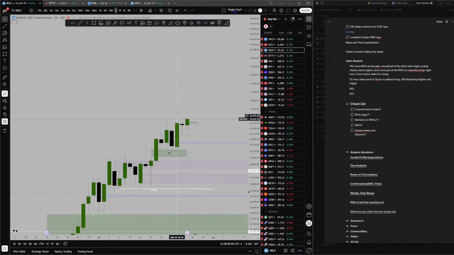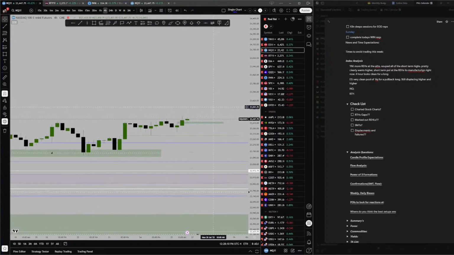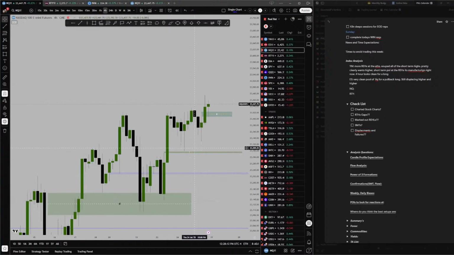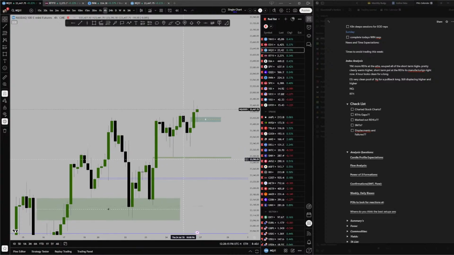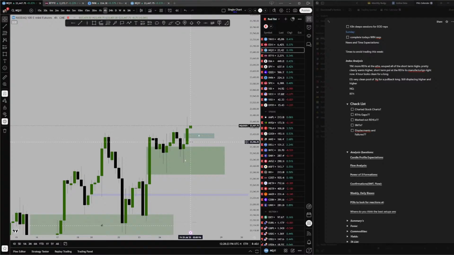Well, daily 4 hour. So this 4 hour was used heavily for accumulation there, and then we got this one was forming but got traded into.